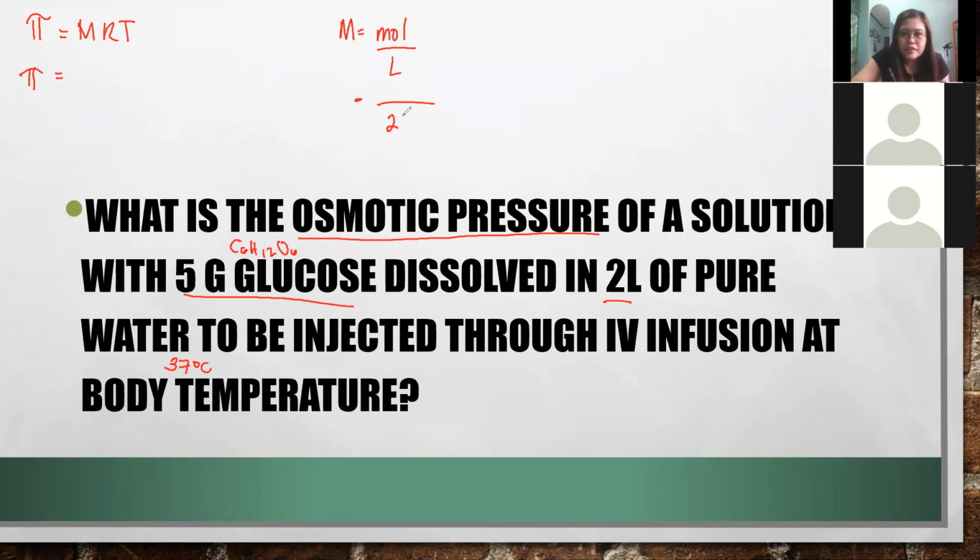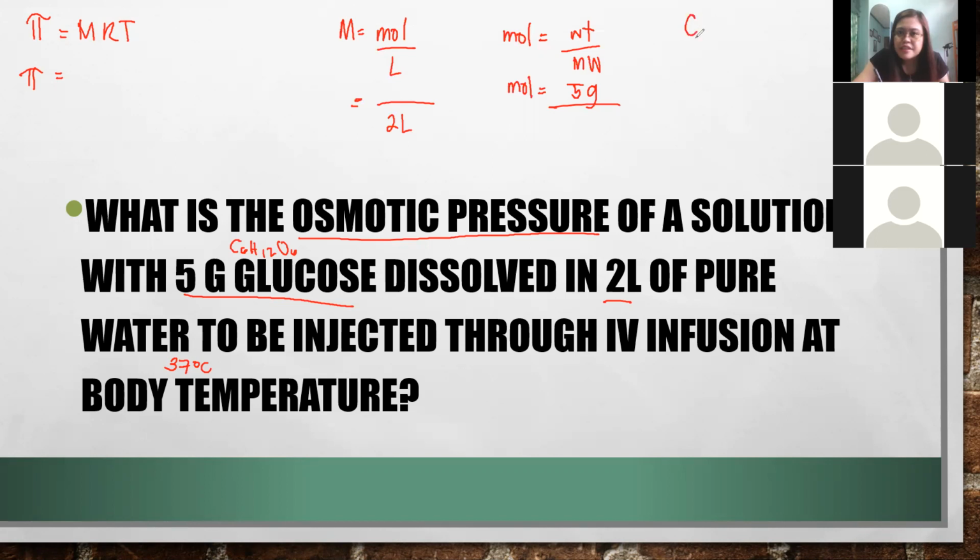So, ang liter, given siya, it's 2 liters. We just have to compute for the moles. So for the moles, remember always this formula, weight is divided by the molecular weight. So the weight is given, it's 5 grams. And for the molecular weight, we can actually compute for the molecular weight of glucose.